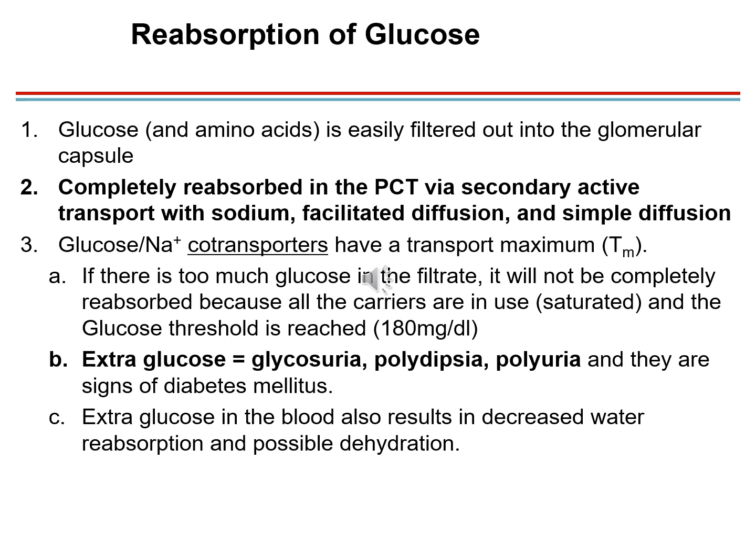Now, this 180 milligrams per deciliter is called the glucose threshold. That means above this concentration, glucose remains in the tubes. What happens with glucose that remains in those tubes?